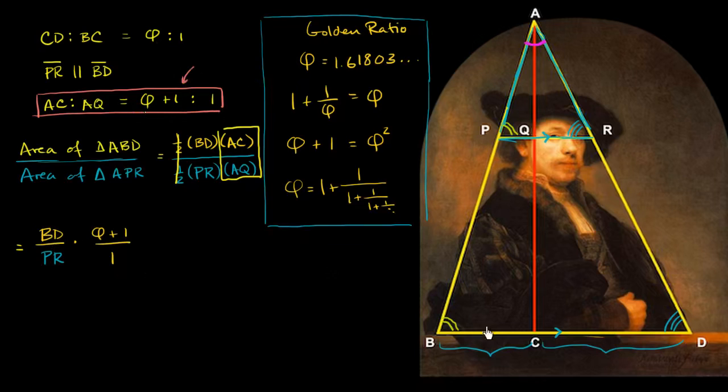So the ratio of the base of the larger triangle to the base of the smaller one is also going to be 5 plus 1 over 1. This could also be rewritten as 5 plus 1 over 1. So what does this simplify to?